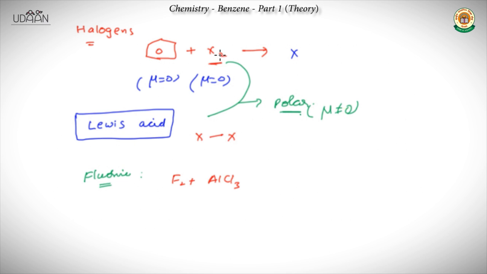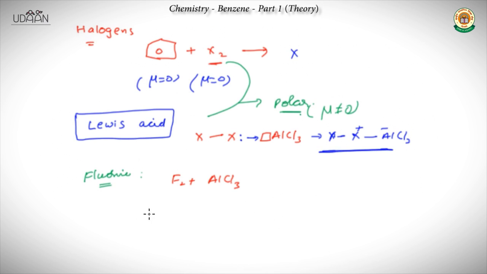Take any halogen X2 and a Lewis acid, AlCl3. Since it's a Lewis acid, you know that aluminum has a vacant orbital and this halogen has a lone pair of electrons. It can donate it and you will get a complex like X plus, AlCl3 minus X. So as you can see here, this is a polar molecule.